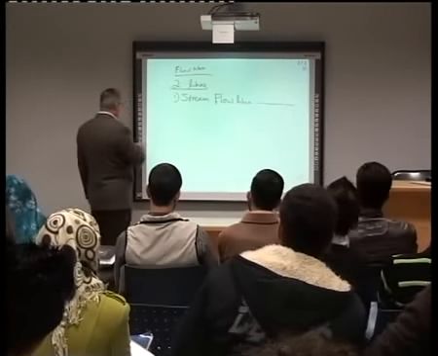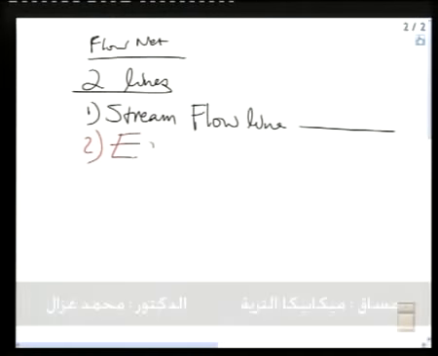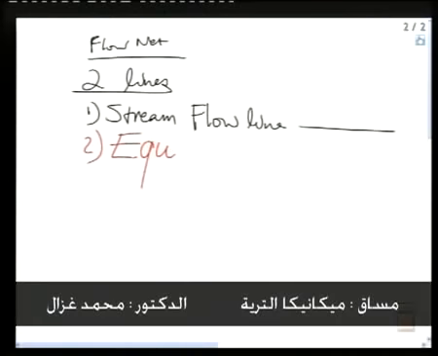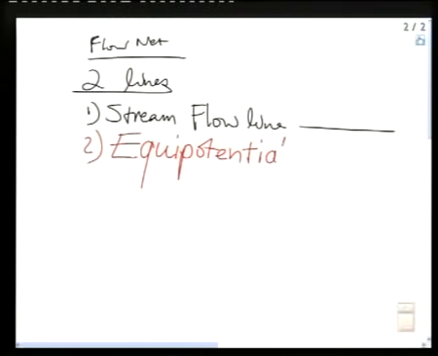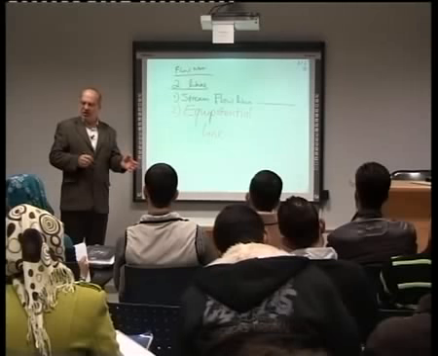The other line is equipotential line. Equipotential line means the line of equal potentiality.